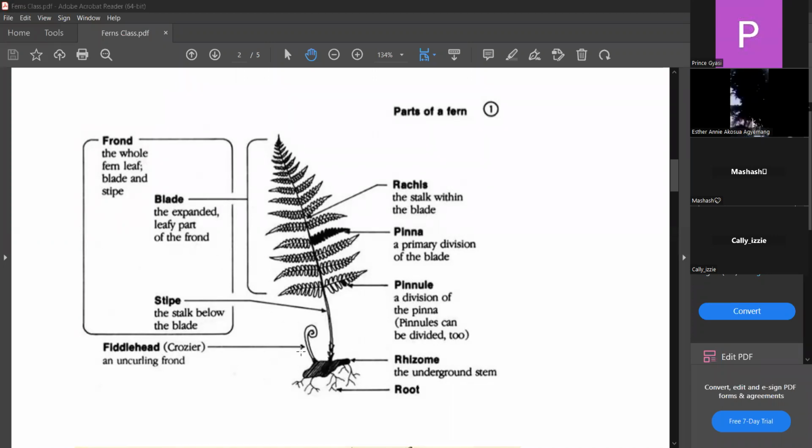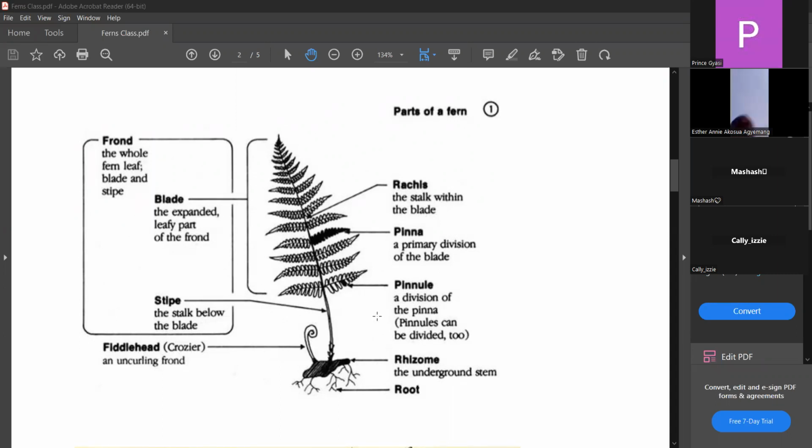So if you have a new frond being formed, right, it's mostly coiled and it's known as the fiddlehead or the crozier. Do you get it? So this is just a general overview of the diagram of what the fern looks like.